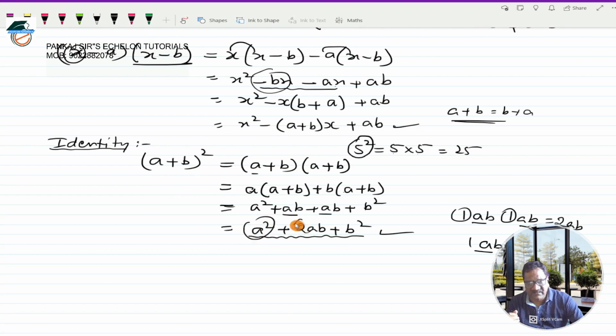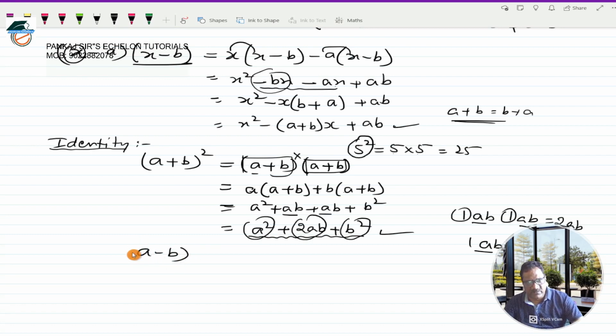This is one term, this is second term, and this is the third term. First there were only two terms, a plus b and a plus b. These two were multiplied to give you three terms, and these three terms are the sum: first term plus second term plus third term. So the number of terms is increasing, that is why it is also known as expansion. So a plus b the whole square will be a square plus 2ab plus b square.